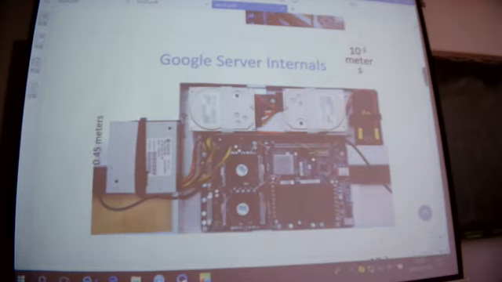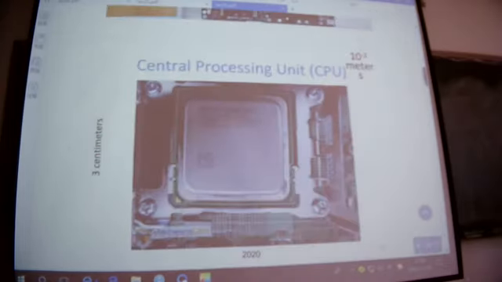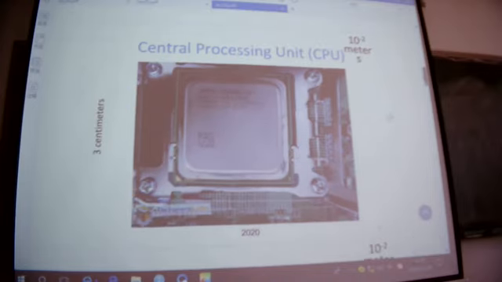This is the Google server internal. In the former slides we have seen two processors and some components. There is the CPU, the Central Processing Unit. In the computer, the CPU is an important component.